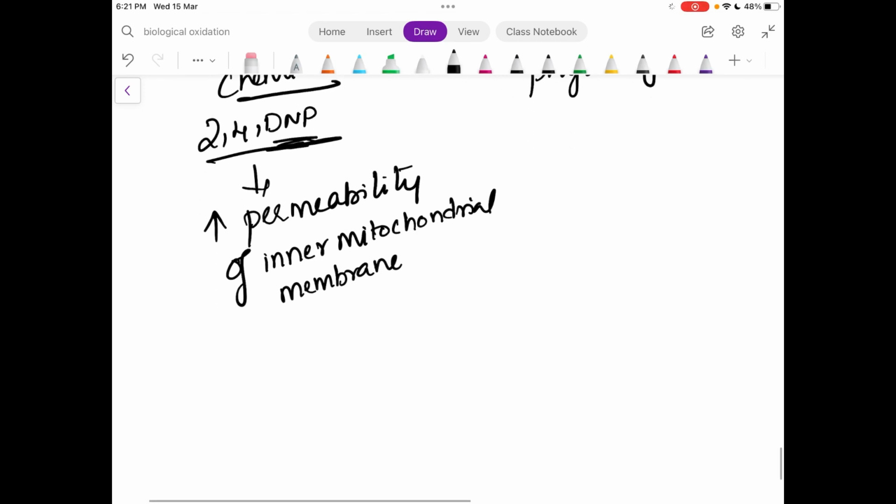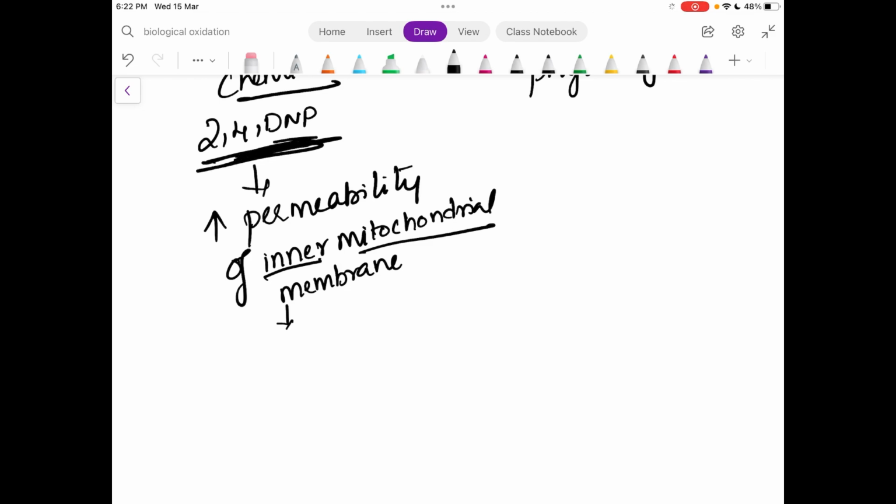Normally this membrane is not permeable to protons. It does not allow protons to flow back from the intermembrane space or cytoplasm to the matrix.